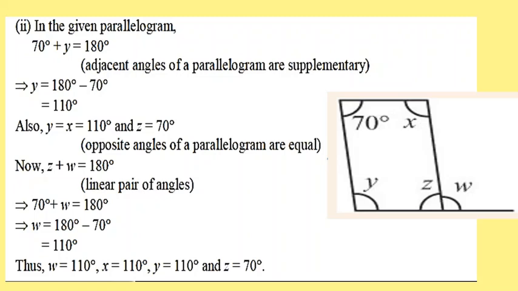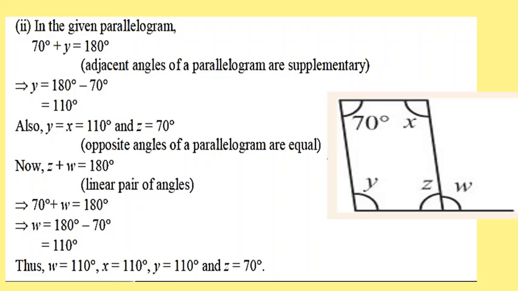So now you can start with 70 degrees. You can find Z: that and 70 degrees will be the same. Opposite angles are equal, so Z is 70 degrees. When Z is obtained, you can find W: 180 minus 70, 110. W is 110.